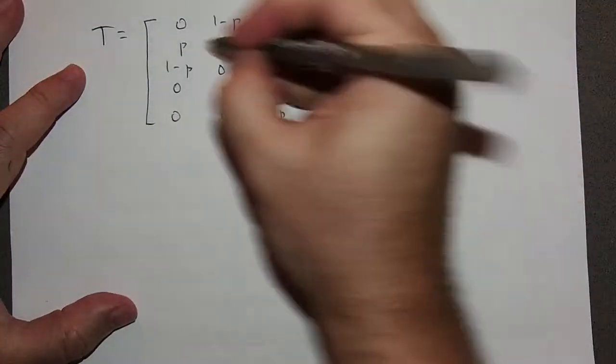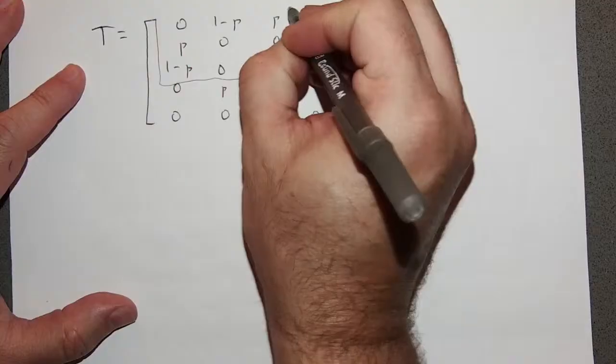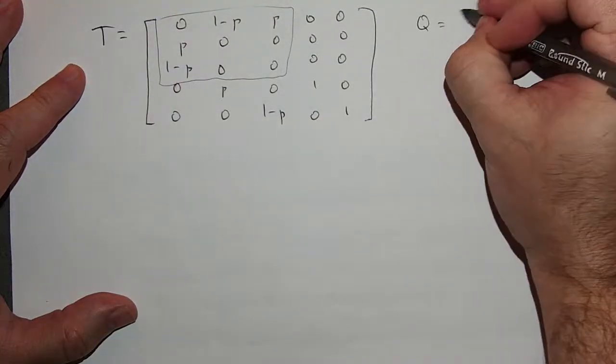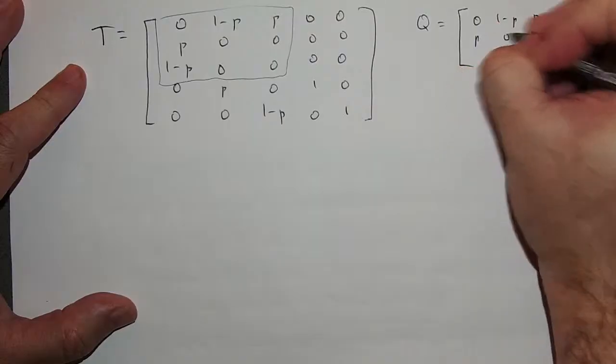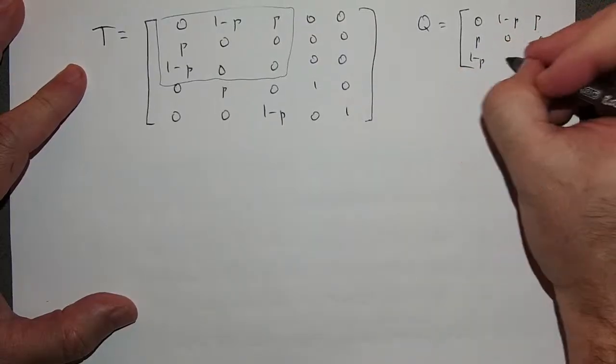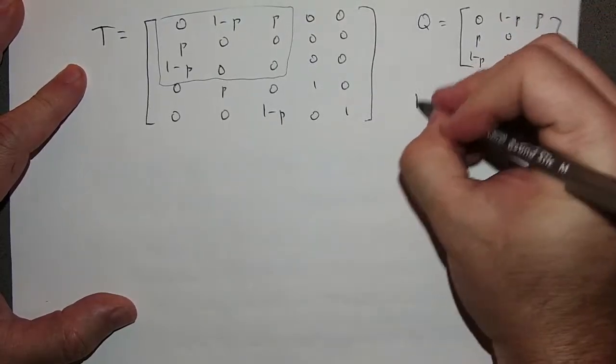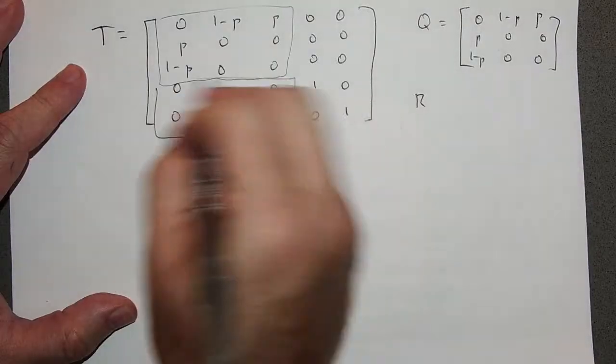So that Q is this block. And R, of course, is this block.